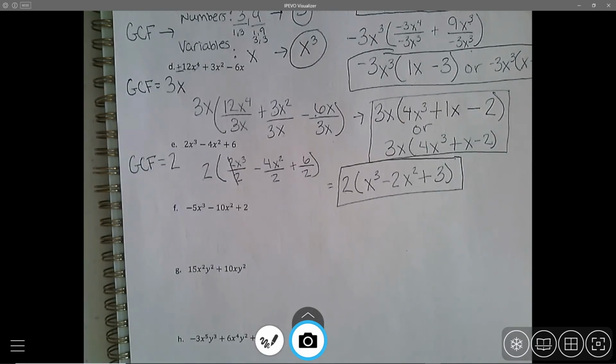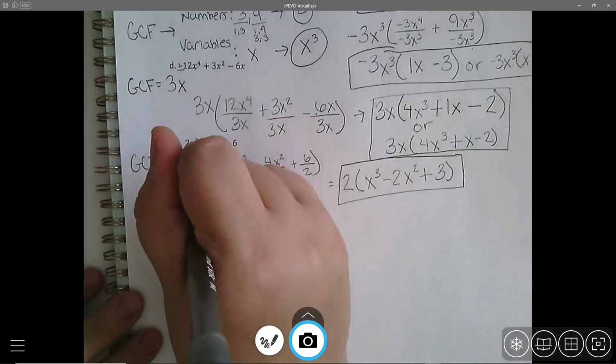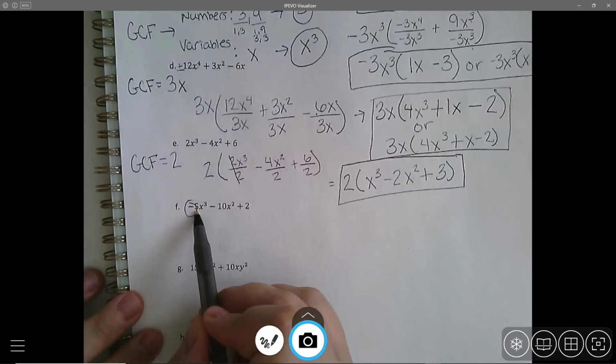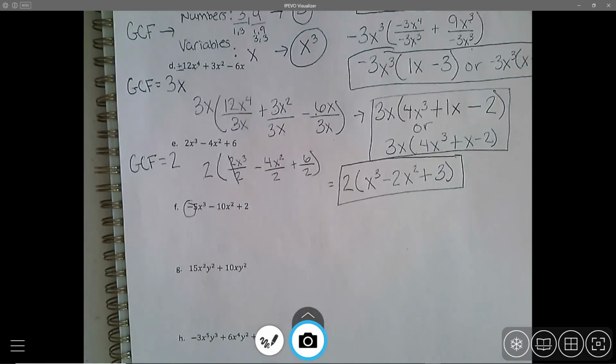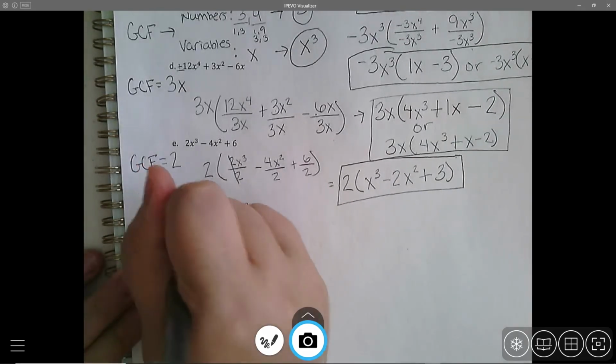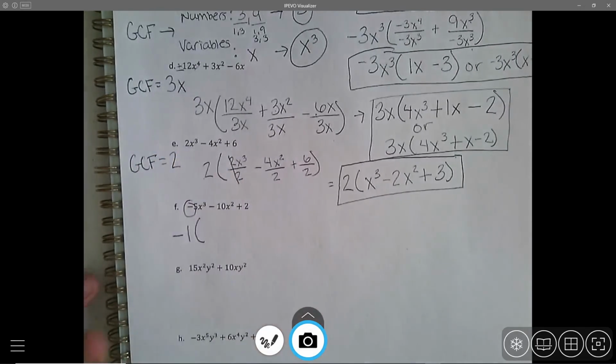So we may be saying this one has no GCF, but this one has the rule that we're talking about. My highest exponent with my x has a negative in front of it. If your leading term is negative, take out a negative 1.